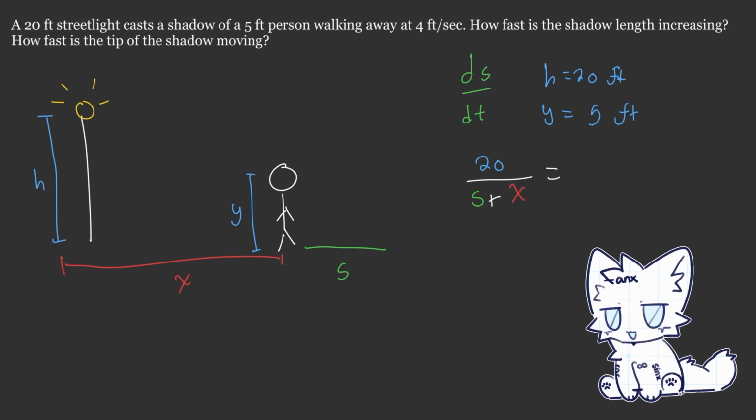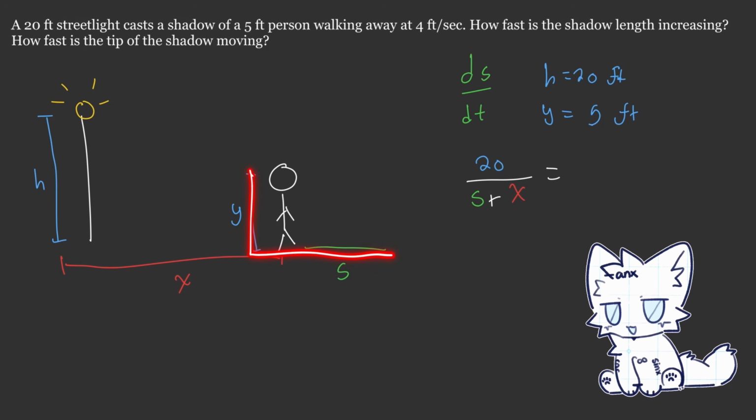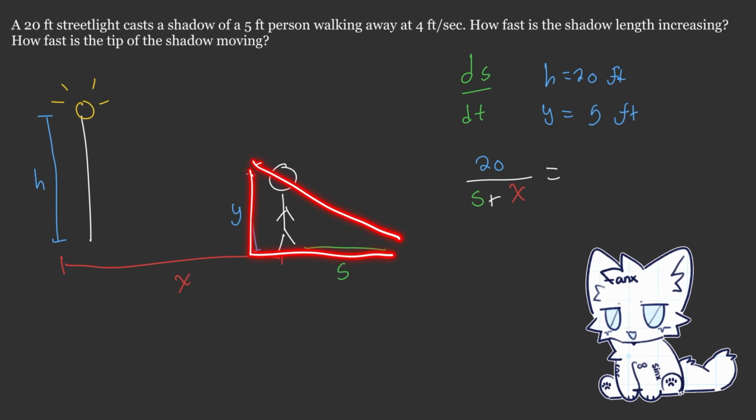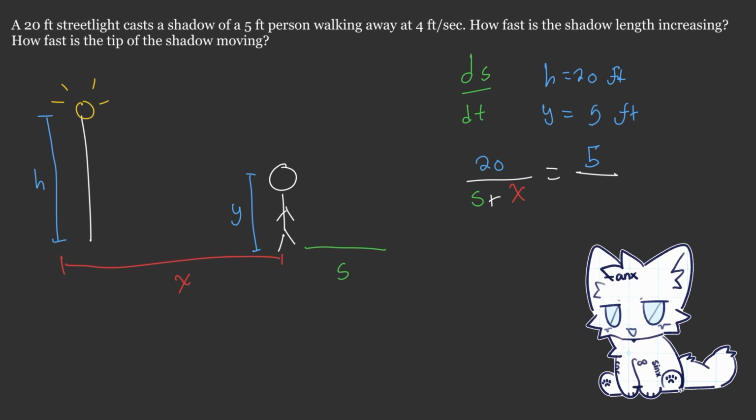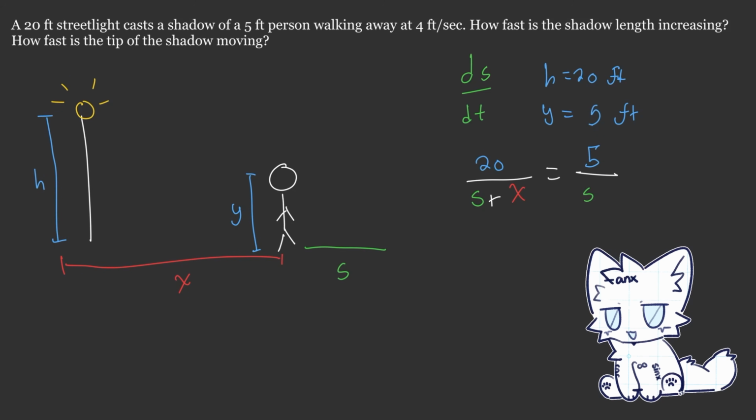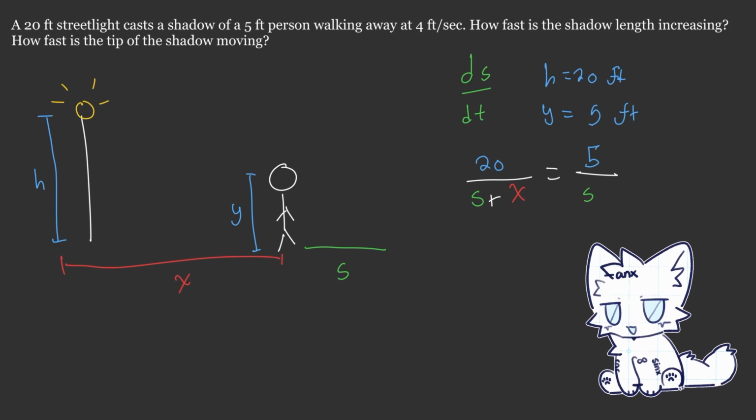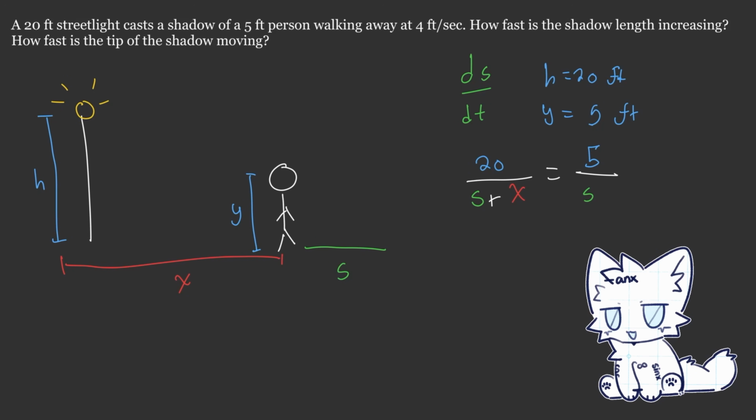This is equal to the ratio of the height to length of the smaller triangle, and we know he's 5 feet, so 5 over s, which we don't know. So now we have this formula here.